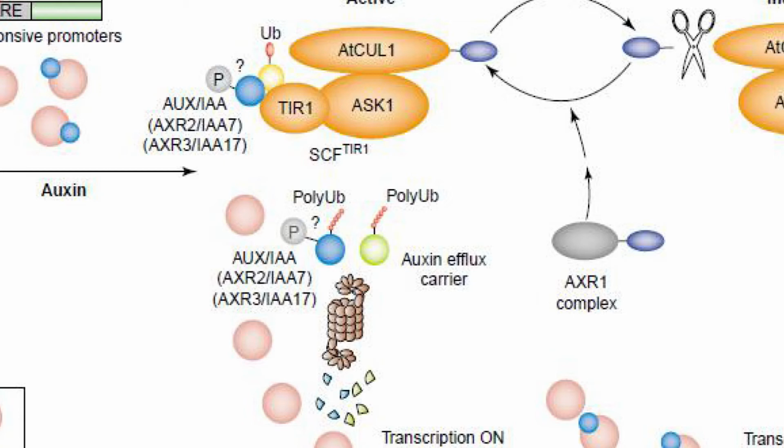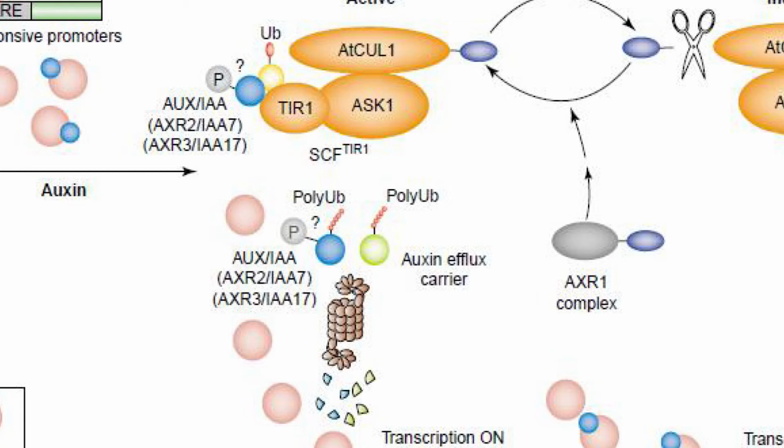Aux/IAA protein degradation releases ARF factors, which are now able to activate transcription of auxin inducible genes, including Aux/IAA genes. The de novo synthesis of Aux/IAA proteins leads to a sequestration of ARF factors into inactive heterodimers.